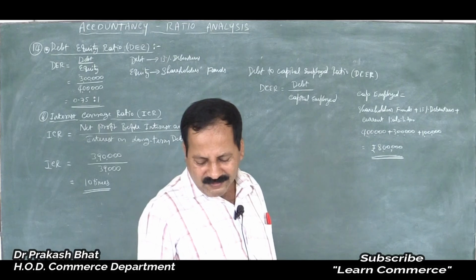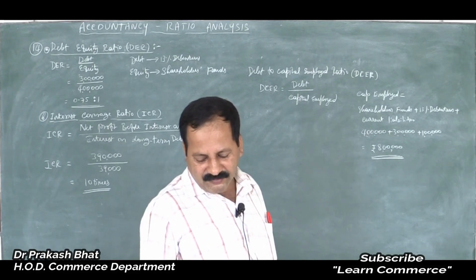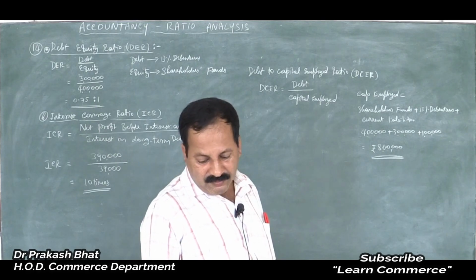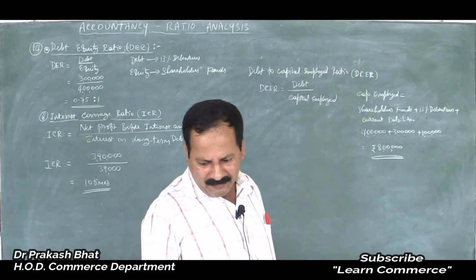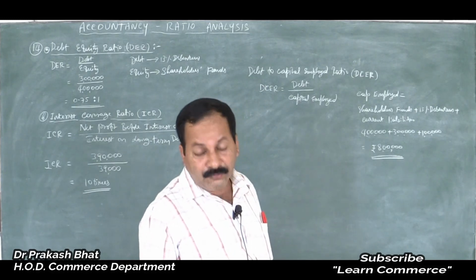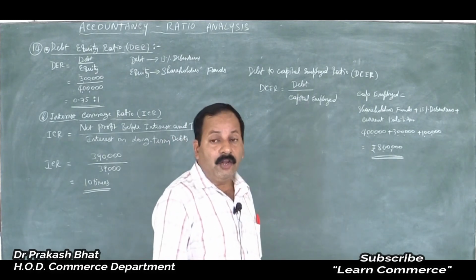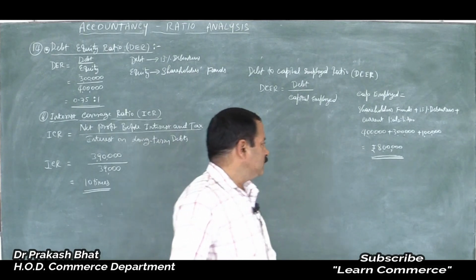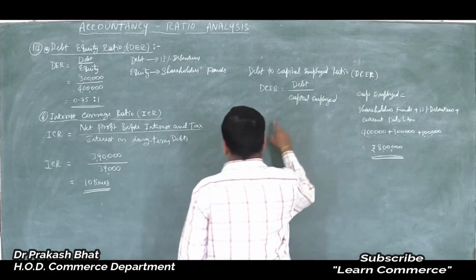Now, what is the debt? 13% debentures. Are there any other debt? Current liability also comes under that, but current liability should not be taken as we need long-term debt only. Long-term debt only 3 lakh. Debt is 3 lakh.